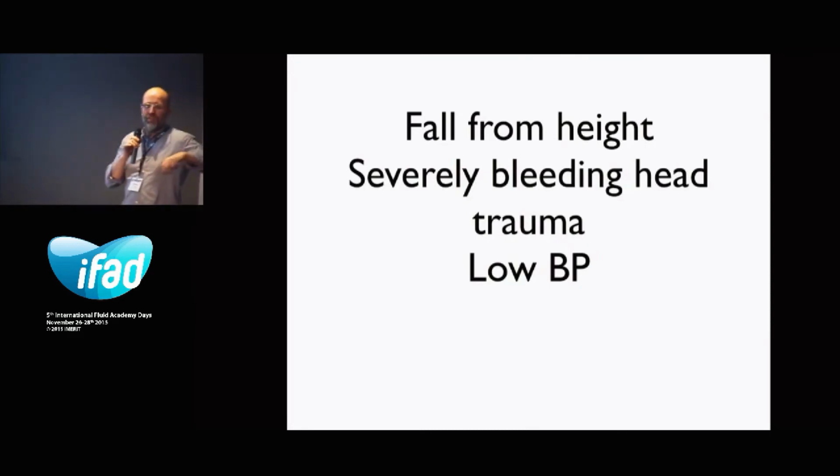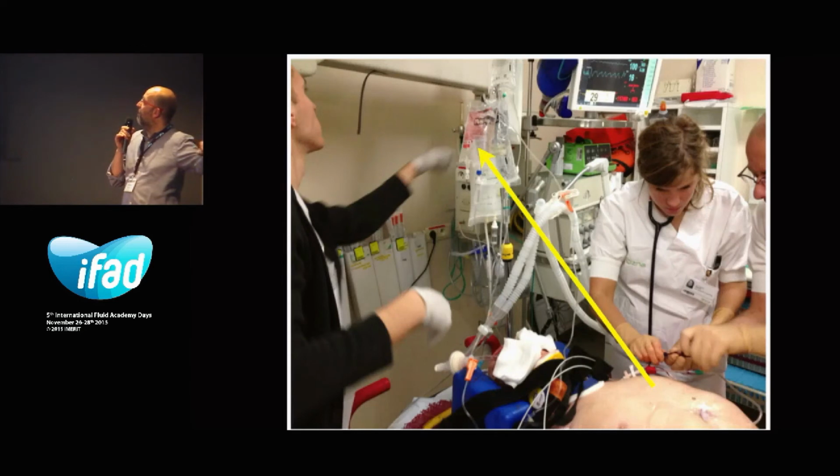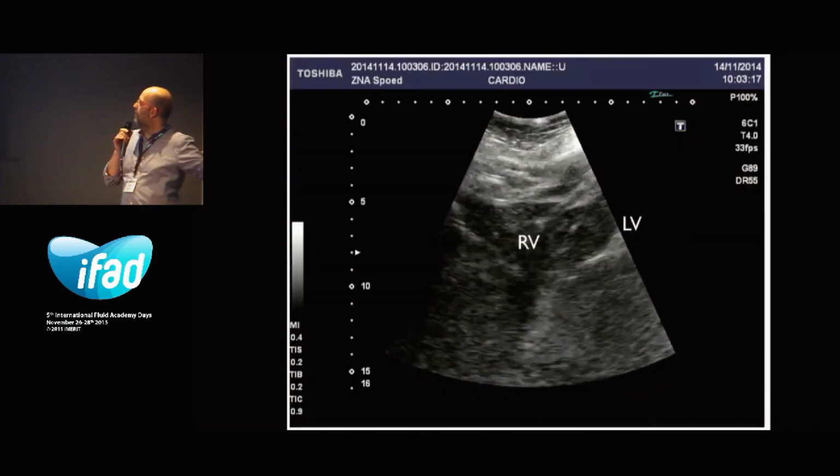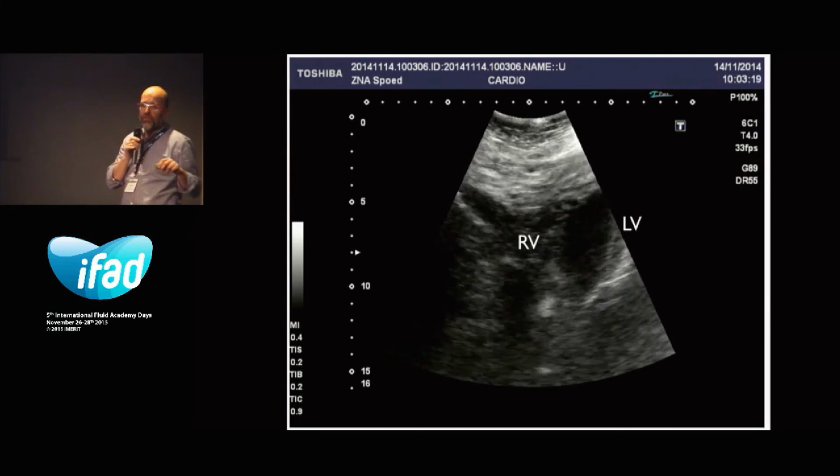Another one for the emergency, a patient fall from height, severely bleeding, head trauma, low blood pressure, a lot of blood on the stretcher. This is the fluid going in. But then, when you look on the ultrasound, completely empty heart.